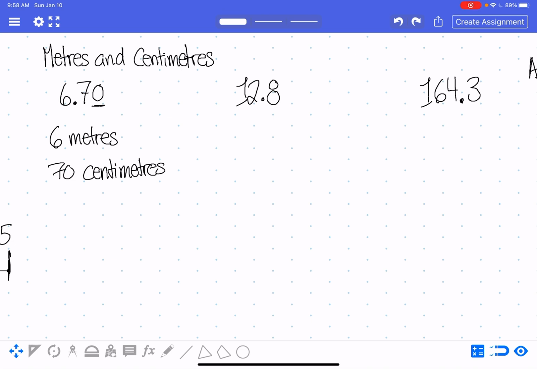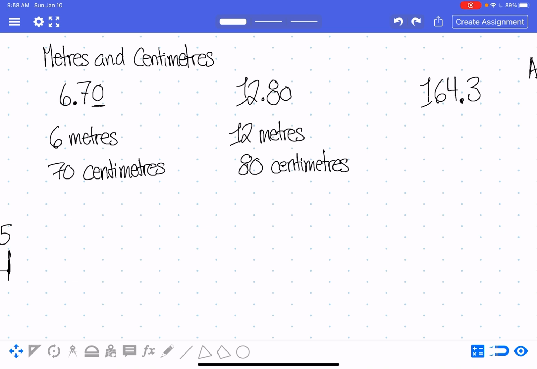Okay, so the next one would be 12 meters. And after the decimal again, you can always put a 0, and then it would be 80 centimeters.